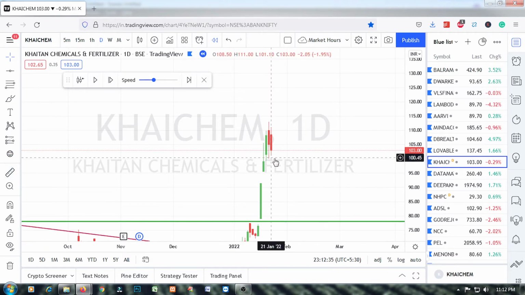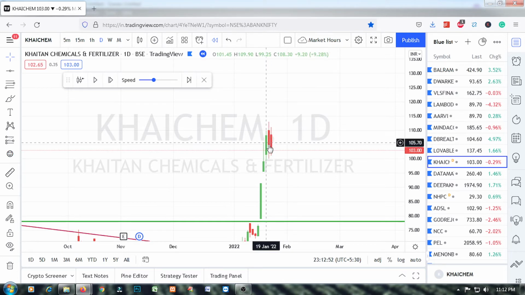But there is also a strong recovery from here, from 100, and it has not broken the low of the previous green candle. So you can consider this candle to go long. It is not that scary to exit the position on this candle.